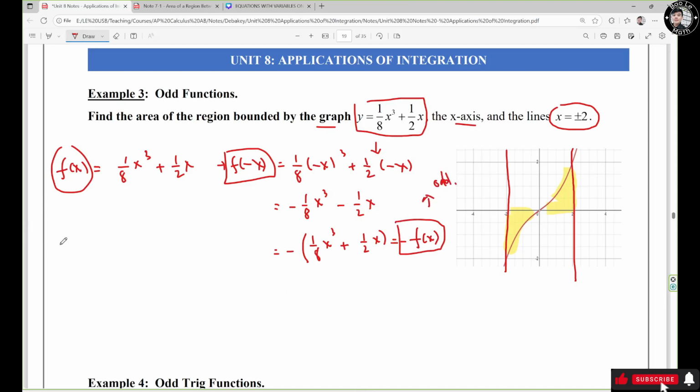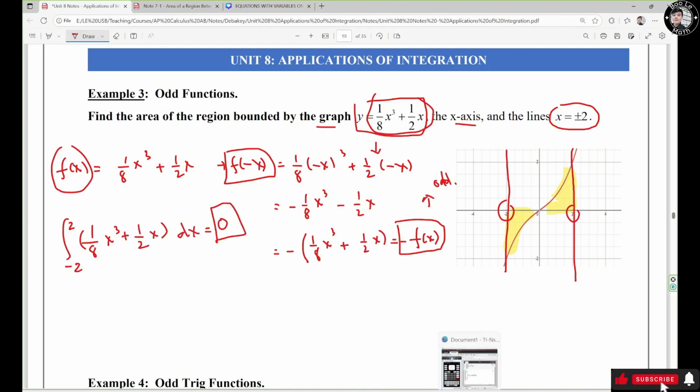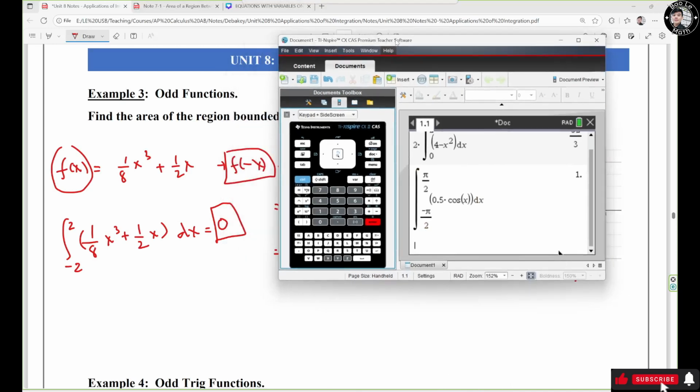So the integral from negative 2 to 2 of this function is 0. This is the final answer. Now you can use the calculator to check your work.